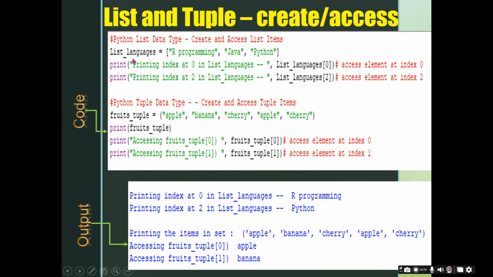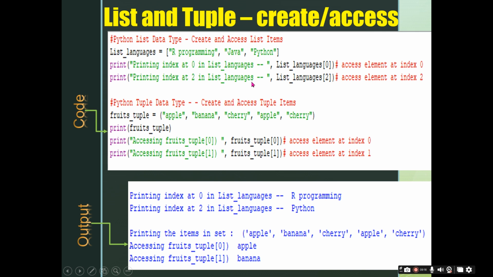So I have created a simple list, where the list name is list_languages equal to, inside square brackets, I have given 3 strings. A string should be given inside double quotes and a list should be declared inside square brackets.